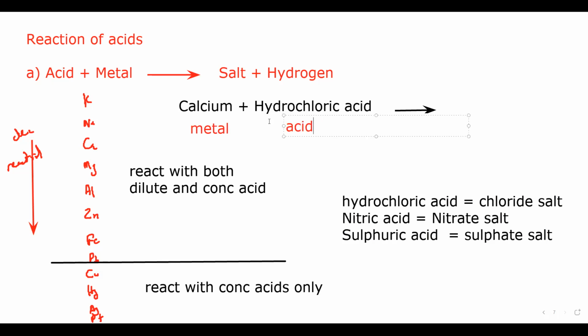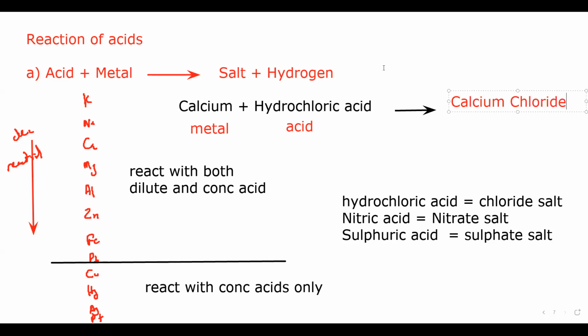Whenever metal is mixed with acid, the product will be a salt plus hydrogen. The term salt means the first name contains a metal. So when calcium reacts with hydrochloric acid, the product will be calcium chloride.